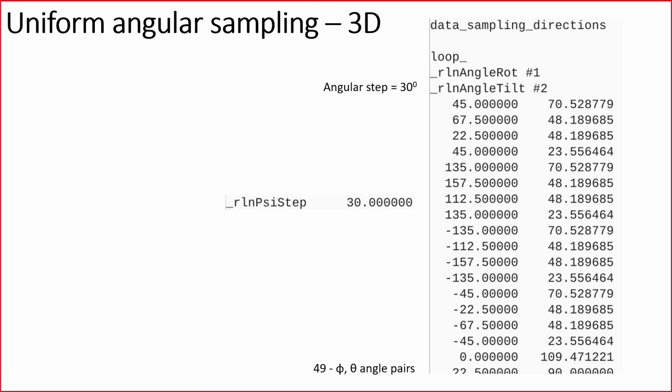Now, this is just to show you how differently it looks when we have this uniform angular sampling in 3D. I've chosen here an angular step of sampling, and you can see from the file where these samplings are stored that we have pairs of angles: angle rot, this is the phi, and angle tilt is the theta angle.